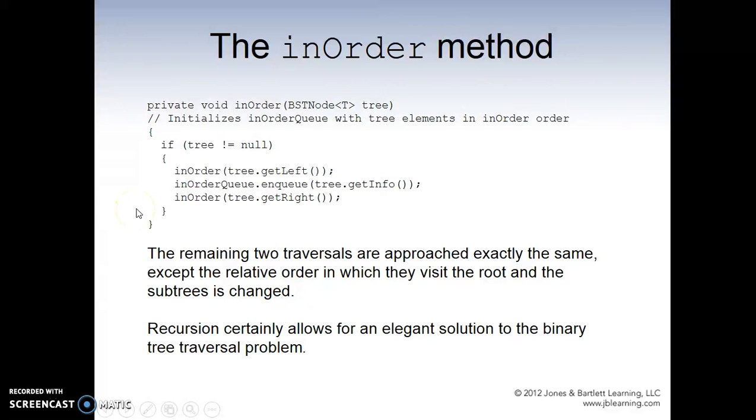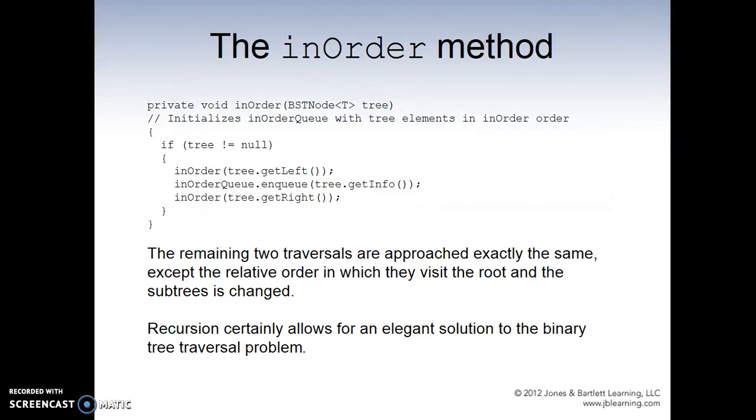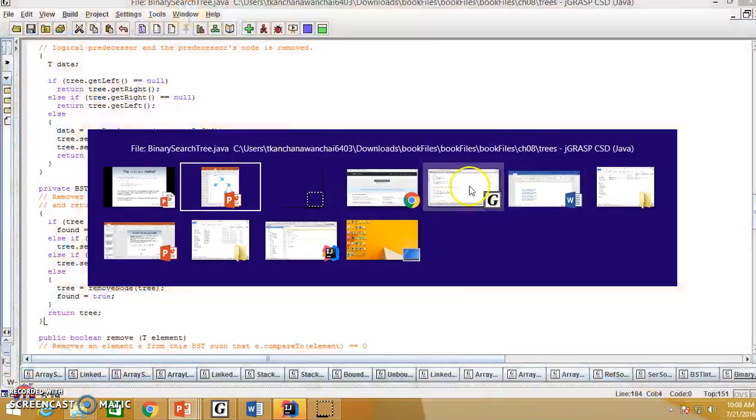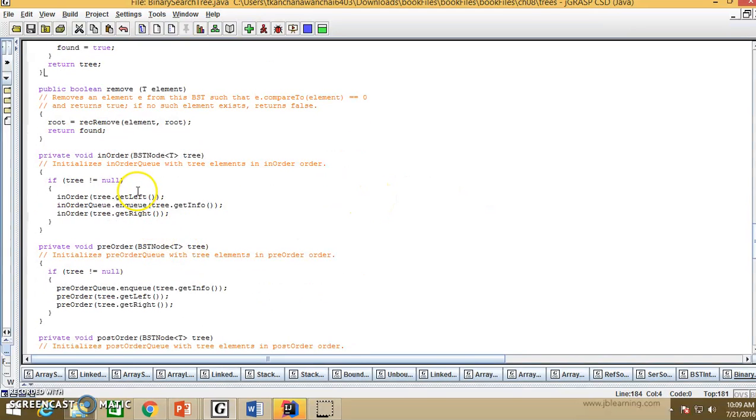And the other two traversals are the same approach, right? But instead of left, root, right, we're going to change it. So let's look at the code. So we see how we implement in order, like left, root, right.